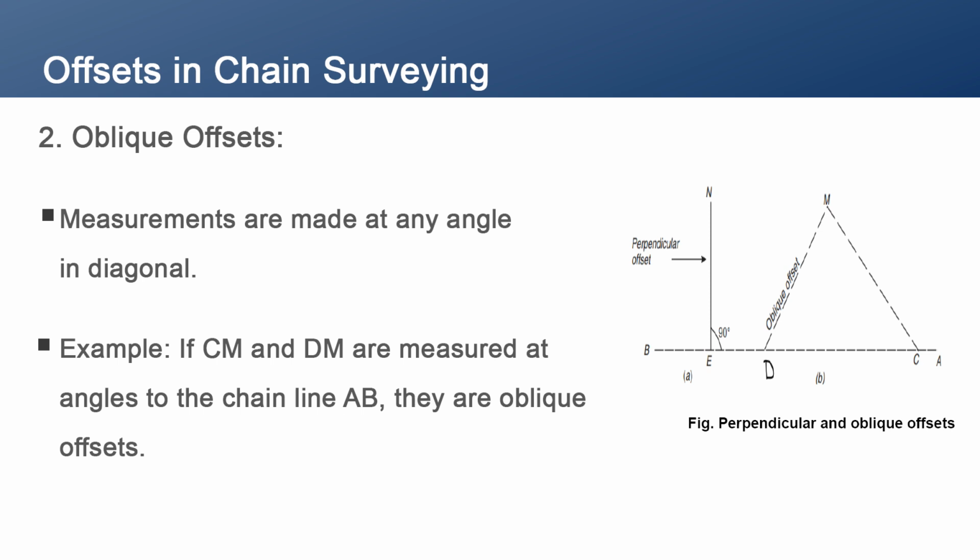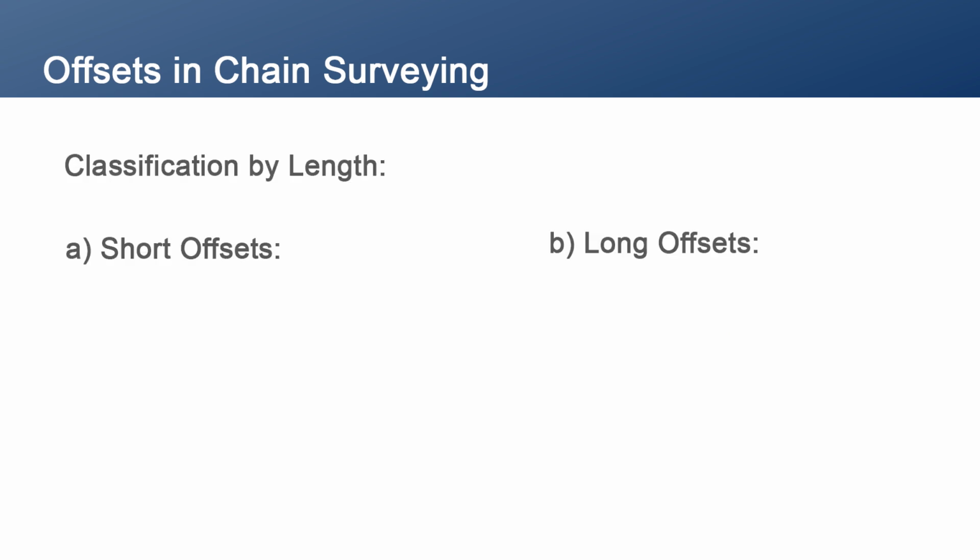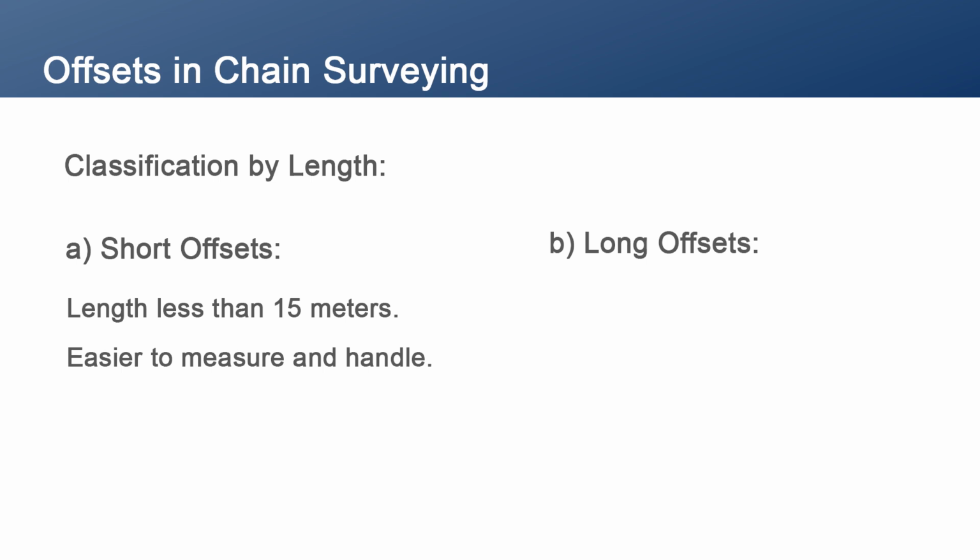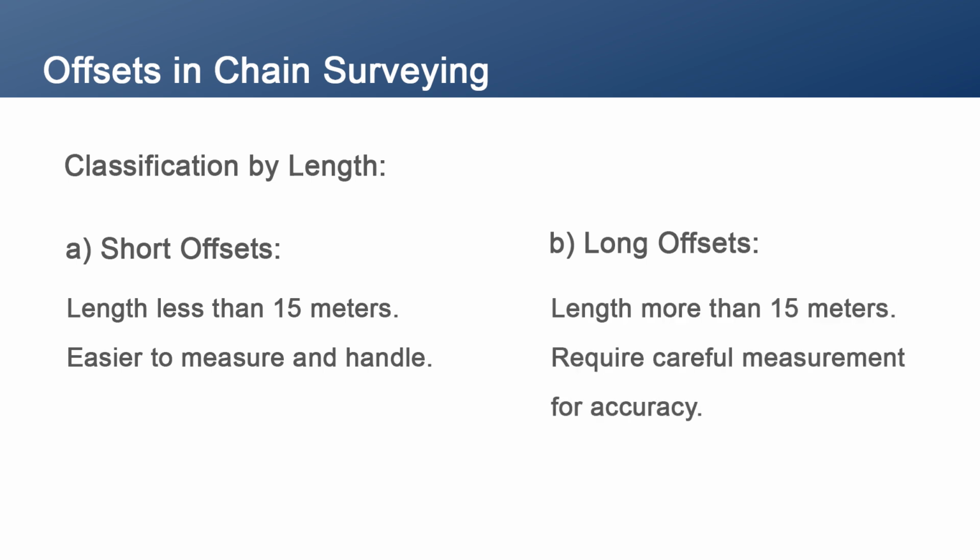CM and DM are oblique offsets on the right side of the chain line AB. We also have short and long offsets. The difference between them is short offsets are quick and easy to measure, like measuring a small distance with a tape measure, and long offsets might be trickier and need careful measurements, like measuring the length of a long piece of wood.